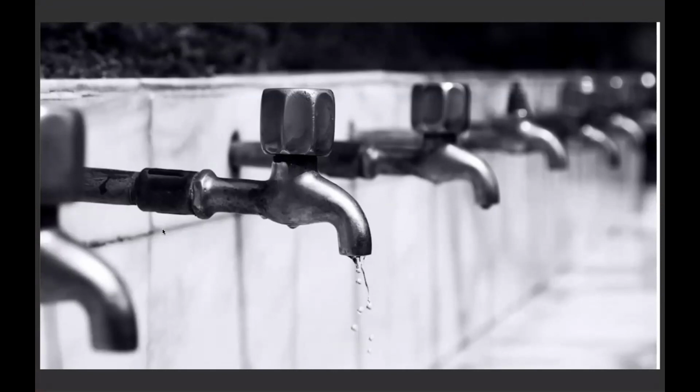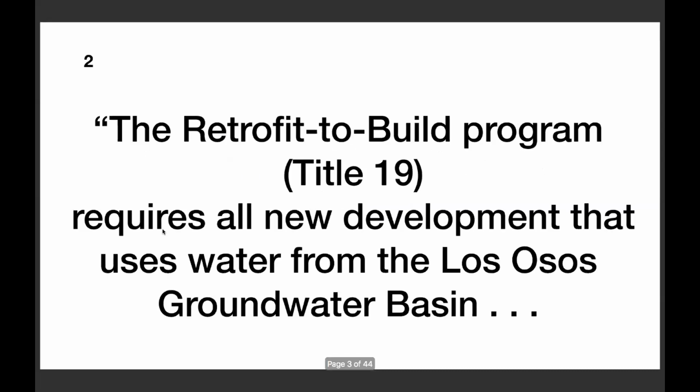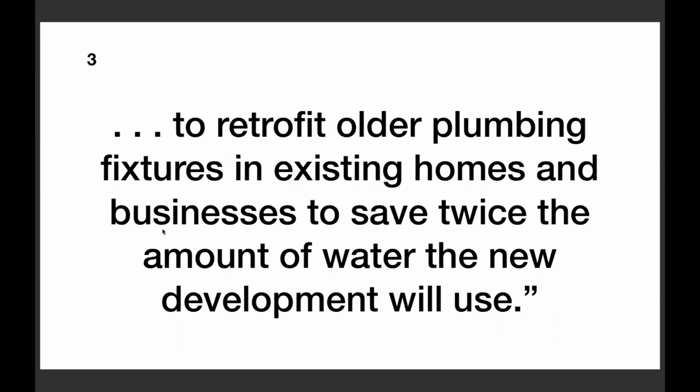Happy Earth Day, everyone. I'd like to thank Locac for inviting me to make a presentation on an issue that affects all of us. This presentation addresses Title 19 and the county's offset program, in which it says, the retrofit to build program, Title 19, requires all new development that uses water from the Los Osos groundwater basin to retrofit older plumbing fixtures in existing homes and businesses to save twice the amount of water the new development will use.